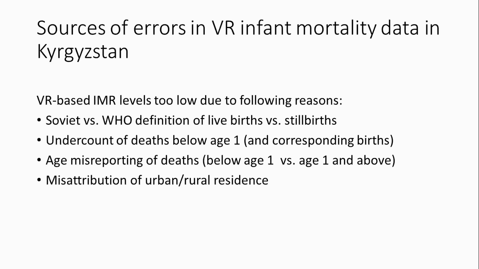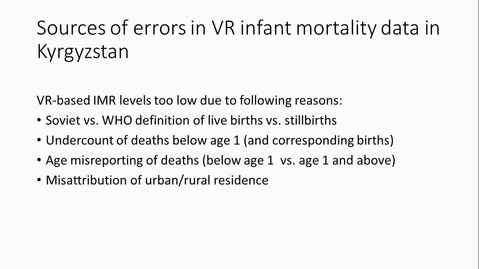Danzhen touched upon these. There is the issue of the subject definition versus the WHO definition of live birth versus still birth. The WHO definition is more inclusive, so more live births and deaths are included. With the subject definition, you have too low an estimate of infant mortality. But you also have an overall undercount of deaths below age 1 and their corresponding births, even those that do meet the subject definition. There is also age-based reporting of death, especially for infant mortality.